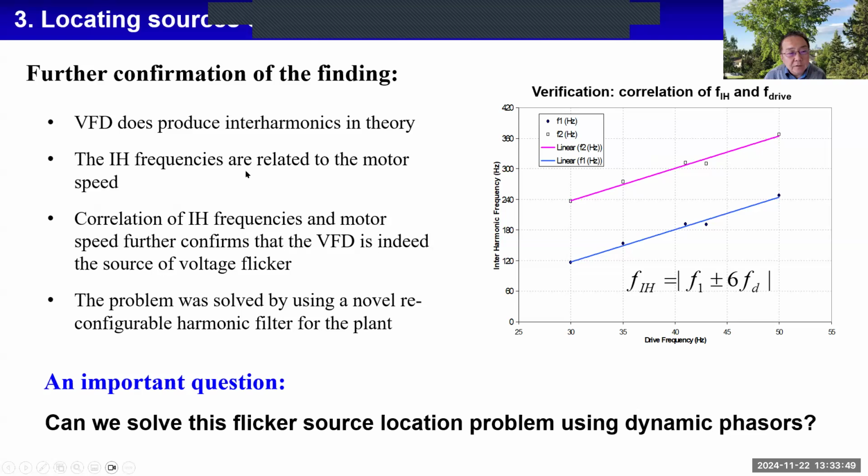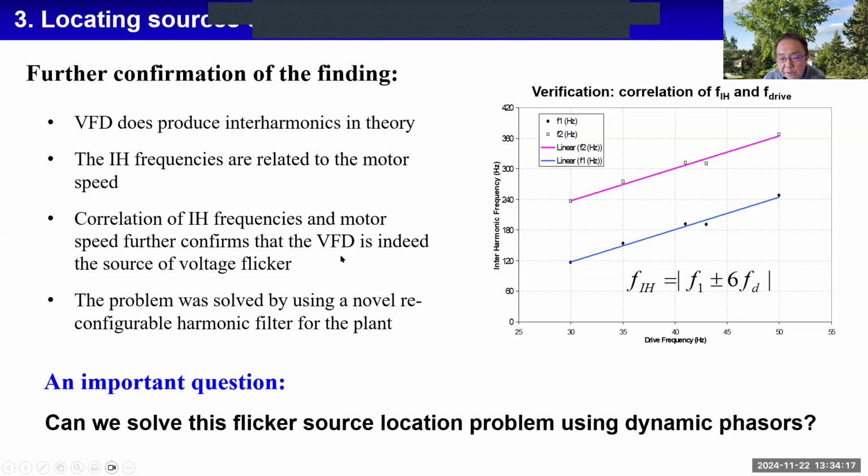Interestingly, these interharmonic frequencies are related to the motor drive speed, a function you can derive mathematically. The interharmonic frequency is a function of the drive speed, which produces two key interharmonics. Our measurement correlated with this very well. This correlation confirmed that the VFD is indeed the source of flicker.